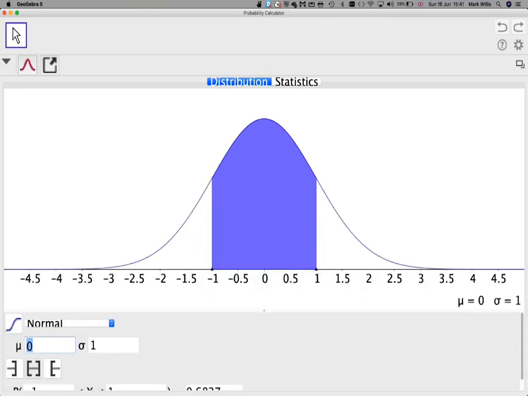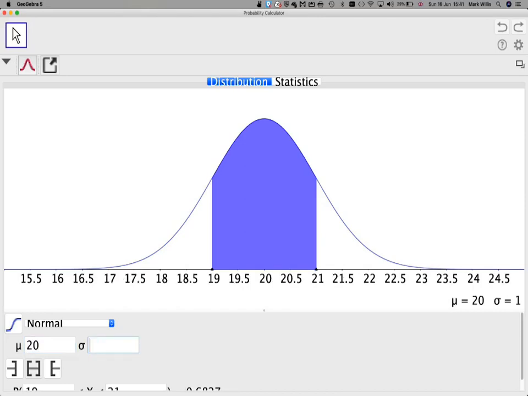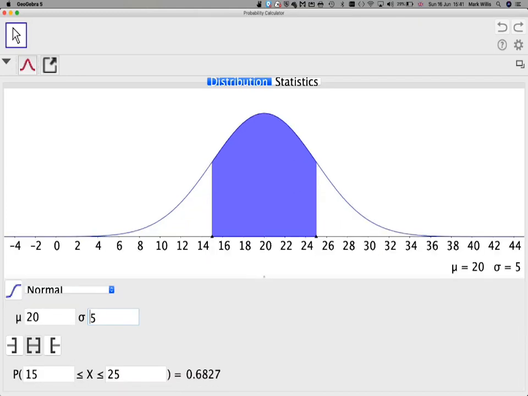Okay, so I want the normal, normal mean 20 and standard deviation 5, which gives me that. I'm going to have to raise it up a little bit more in order to see what I've got here, and I want P being between 16 and 24.